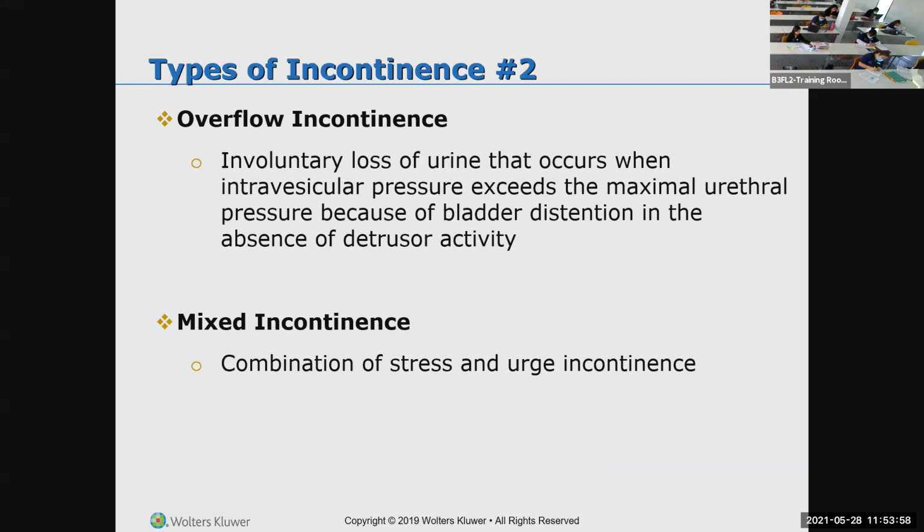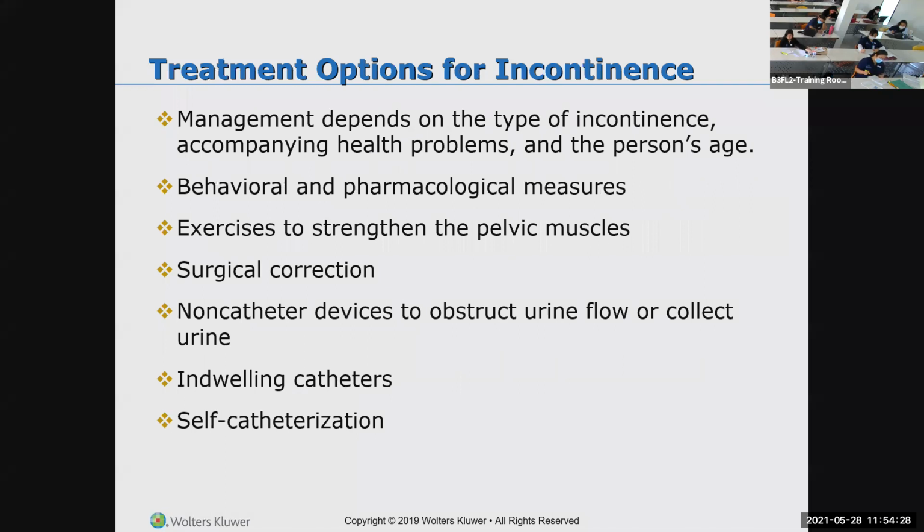Overflow incontinence is involuntary loss of urine that occurs when intravesicular pressure, the pressure within the urinary bladder, exceeds the maximum urethral pressure because of bladder distension in the absence of detrusor activity. And we do have mixed incontinence, a combination of stress incontinence and urge incontinence.